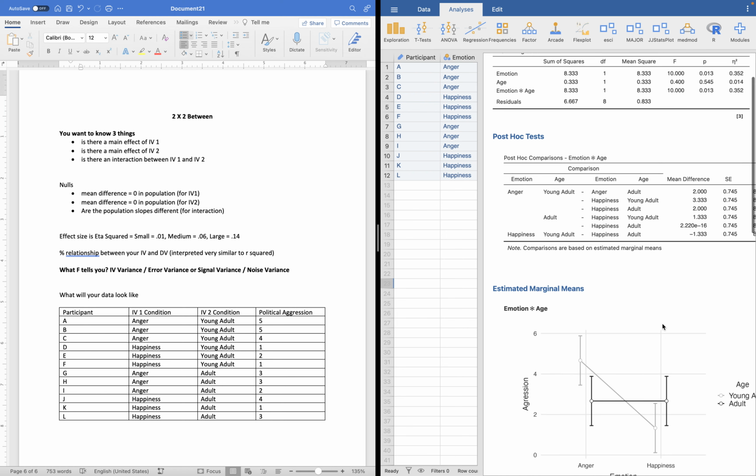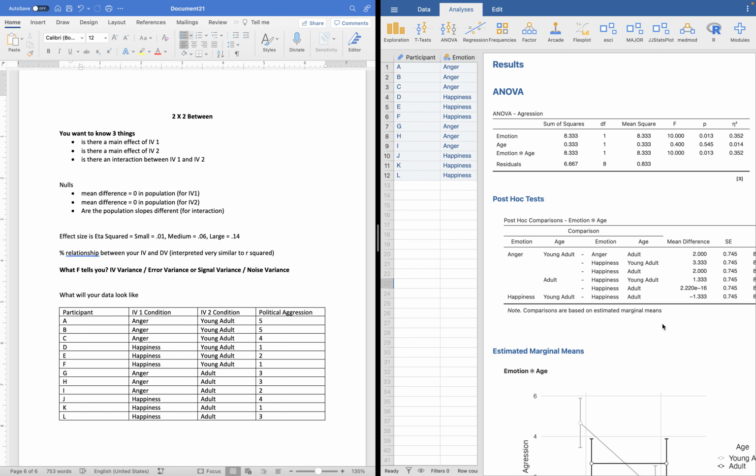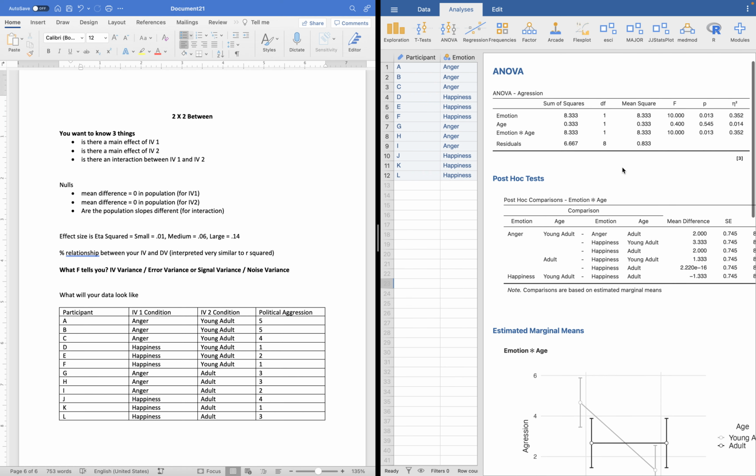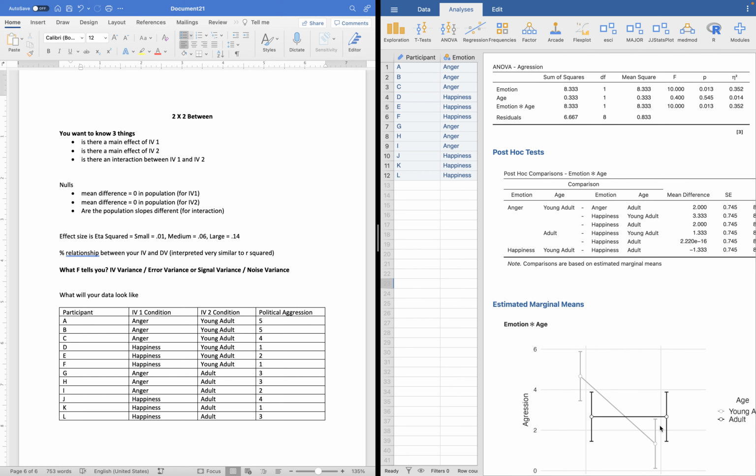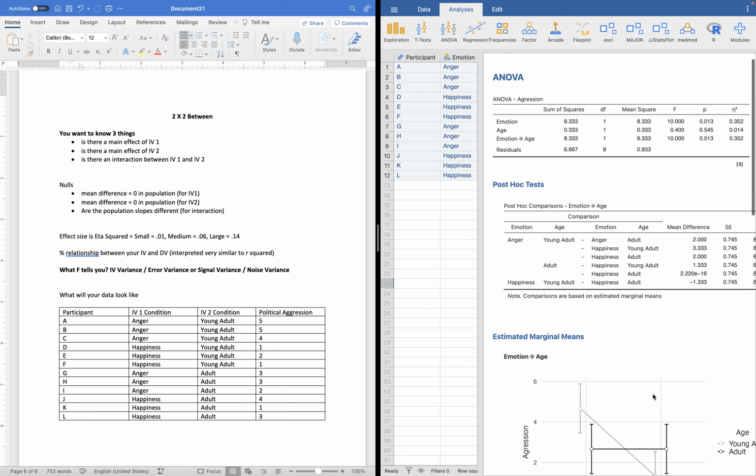Now, we're not done yet. To report this interaction, we do not have an effect size yet. So, we'll talk about that. There was a significant emotion by age interaction, right? I have to describe this pattern of the interaction, which I've already done. You're eventually going to have to describe that. But there's a significant emotion by age interaction.